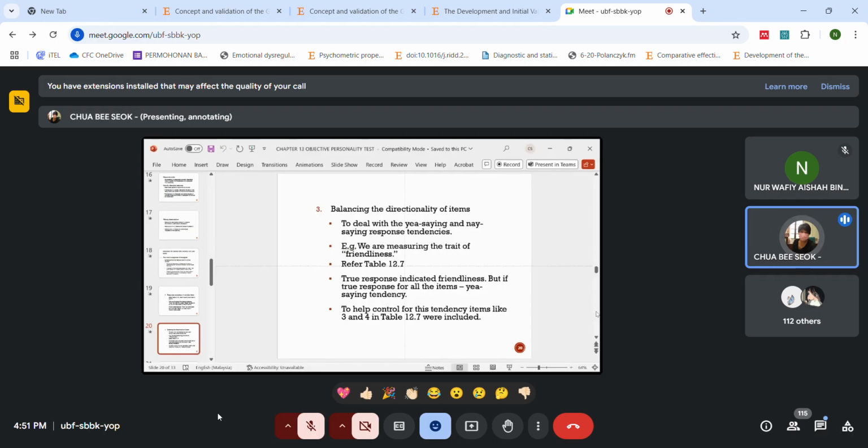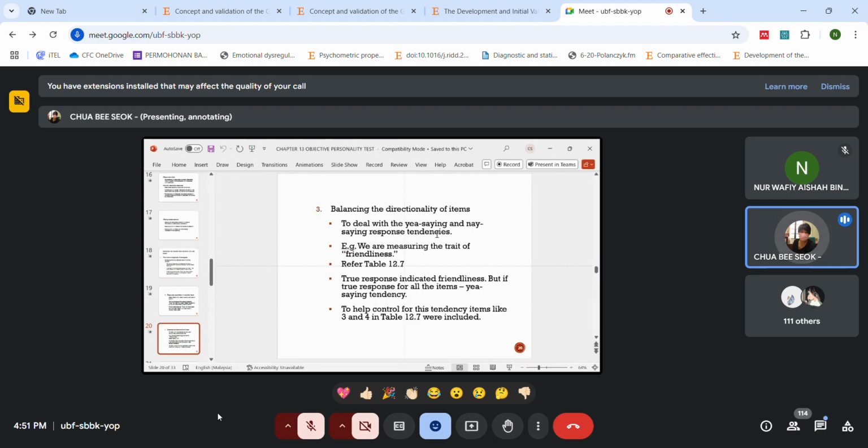If in the instrument you have a negative item, meaning the wording is a reverse scoring item, you remember that one is called a negative item, you should balance the number. If you have 5 negative items, then you should also have 5 positive items. So balance the directions of the items.